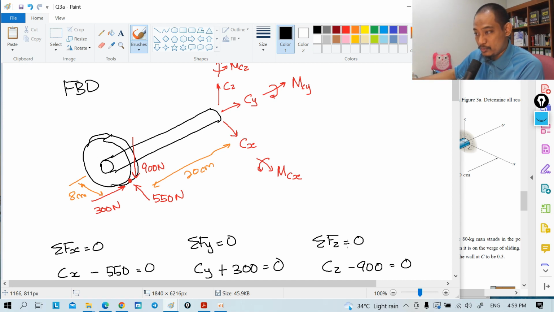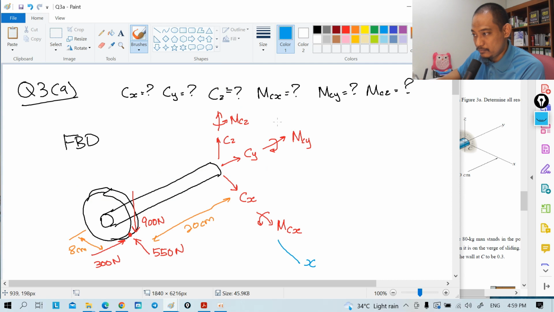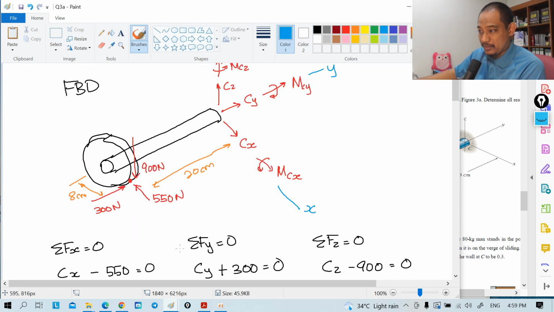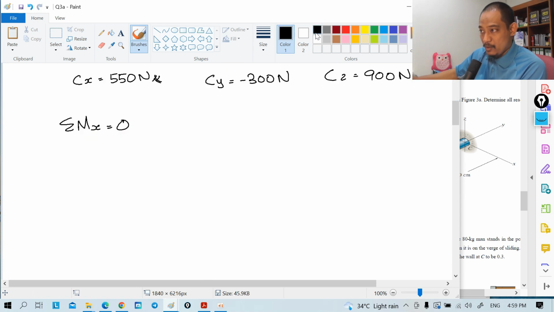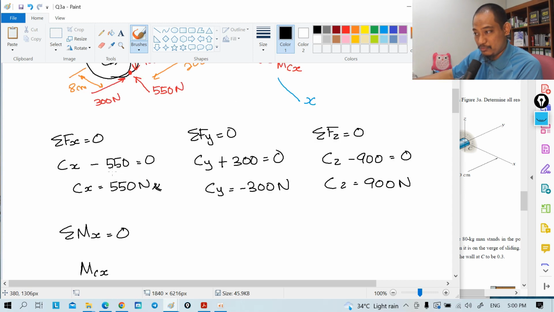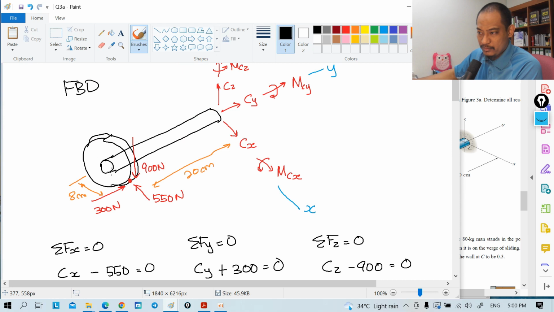I didn't put the axes, so this is basically the x-axis, this is the y-axis, and above here is the z-axis. So anything that rotates about the x-axis. Here we have Mcx, because we assume it to be positive, so it's straightforward there. And then we have, okay, this 500, where's my mouse?